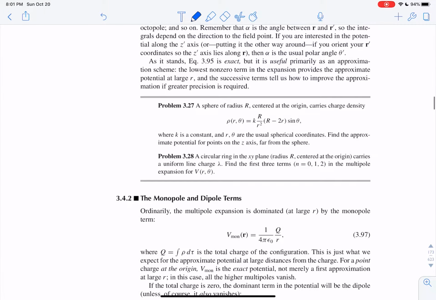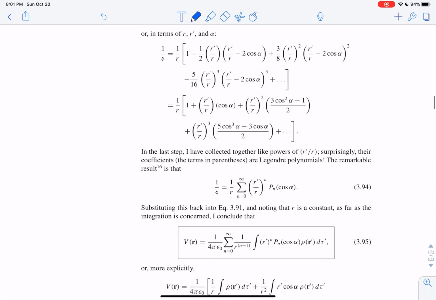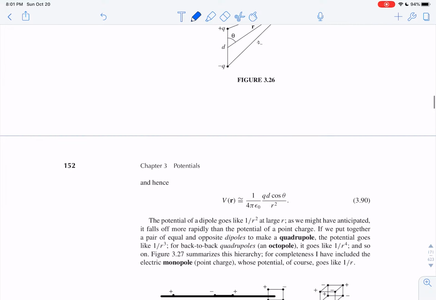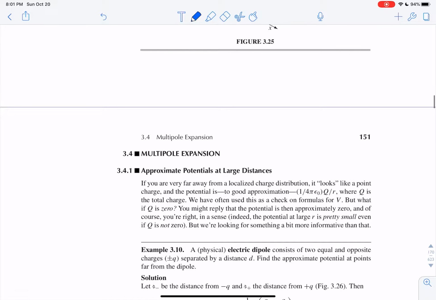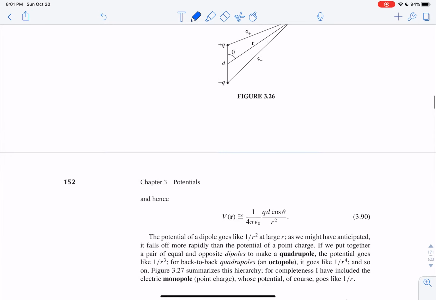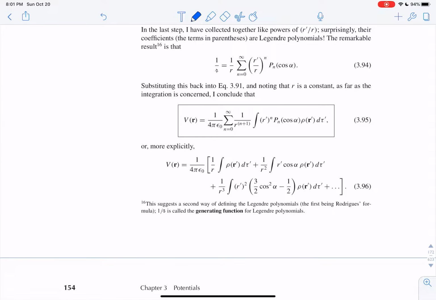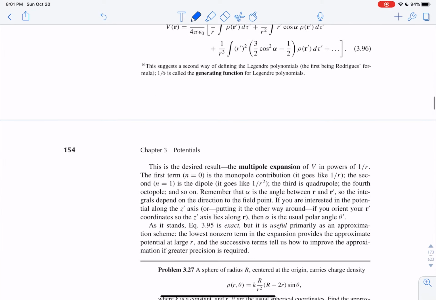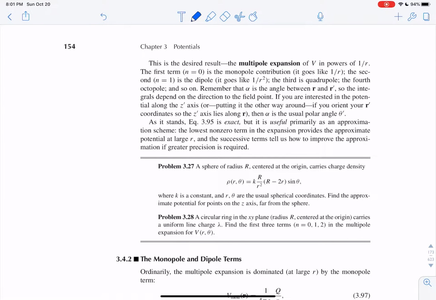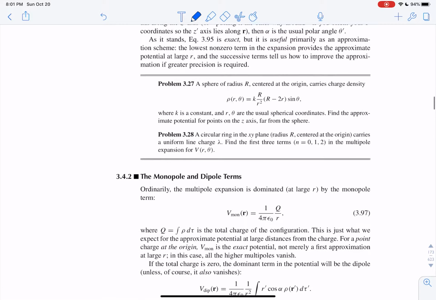That's called the multipole expansion: how to determine the approximate potential generated by any charge distribution as long as you're sufficiently far away.